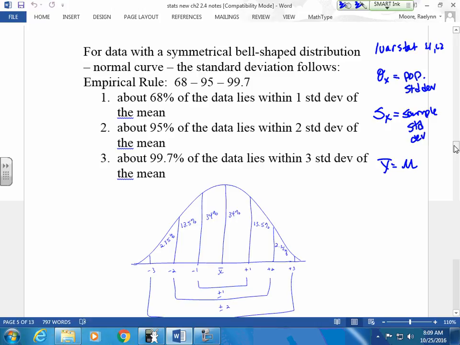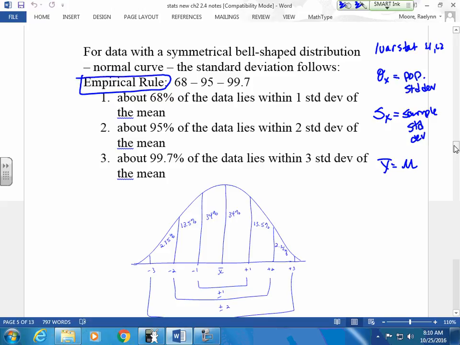Now, I showed you yesterday your curve. I gave you your curve that you saw in Algebra 2, and I gave you the curve that we use in statistics. We have a more generalized curve because you're going to see pretty soon we don't even go to the curve to find the percentages. We go to a table or our calculator. So right now, for our purposes, this is called our empirical rule.